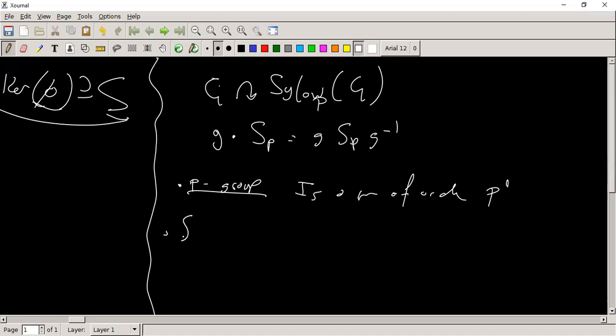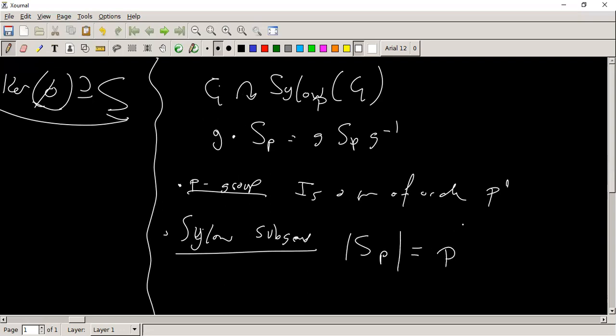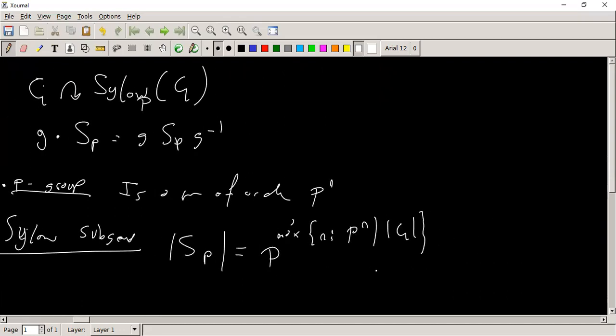Now a Sylow subgroup is a subgroup of G that has the biggest power of p as its order. So a Sylow will have the order of a Sylow. We'll have a p raised to the maximum n such that p to the n divides the order of G. I think this is too collapsed.